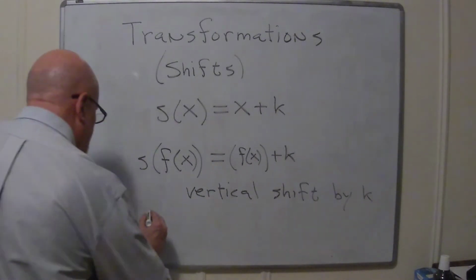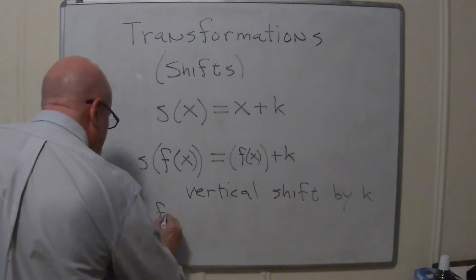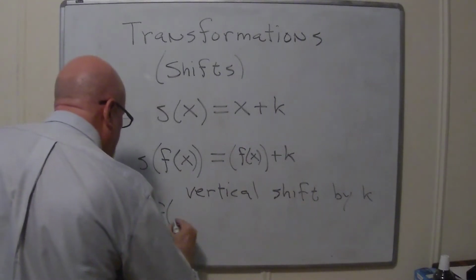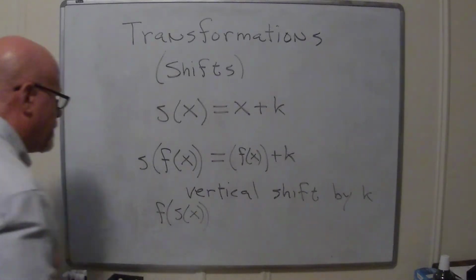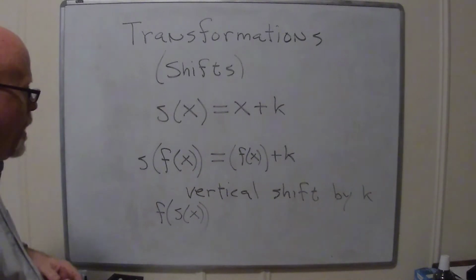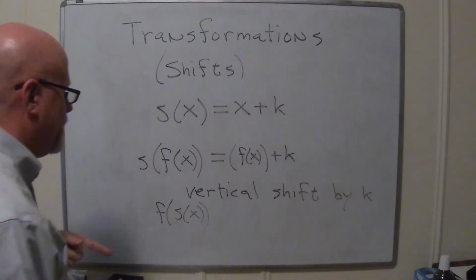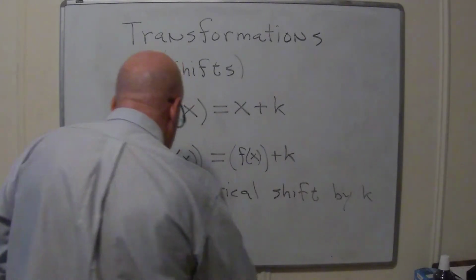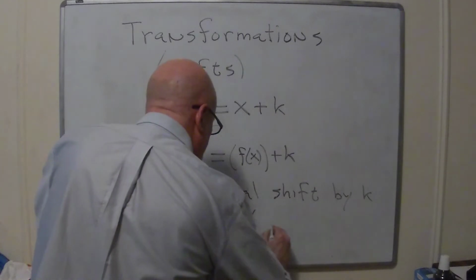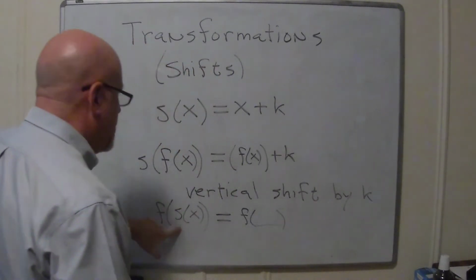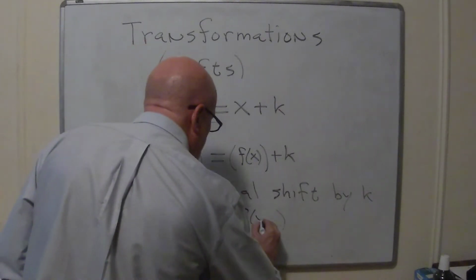Let's look at what we get if we do this composition the other way, f of s of x. Well, that means f is in the spot where we write f and it's blank, a blank where the x's are. And then the shift function is x plus k.